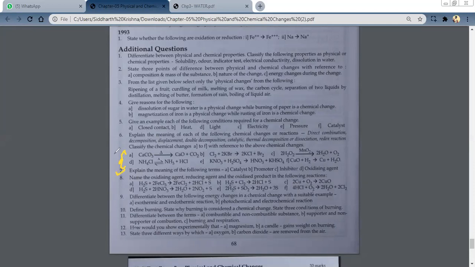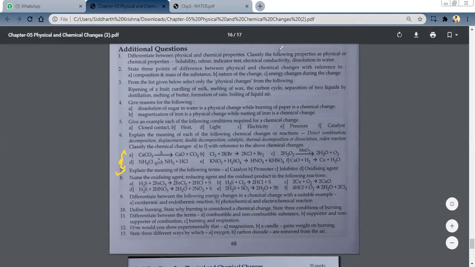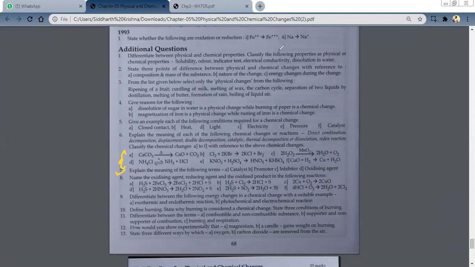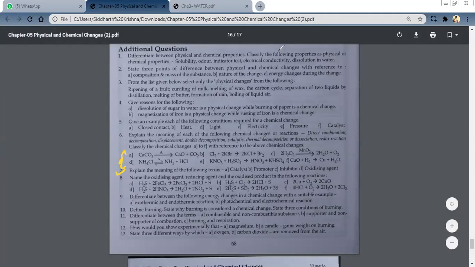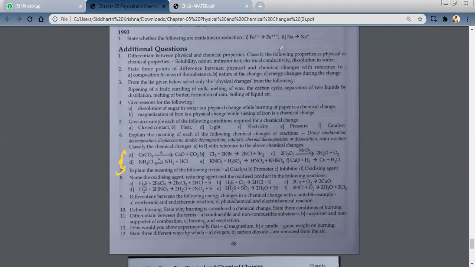Okay. So can you again discuss question number 6? Question number 6A.